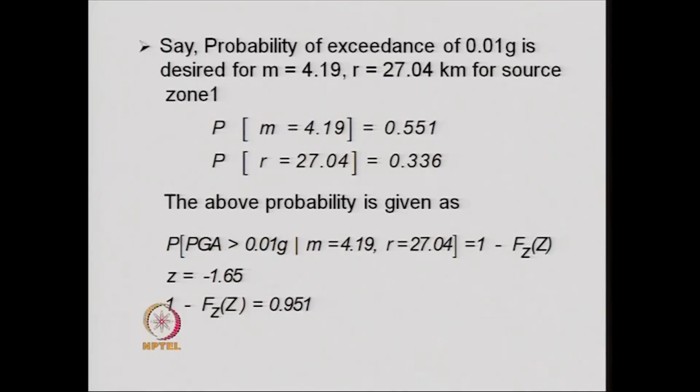And for those combinations of M and R, one can find out the peak ground acceleration exceeding a value of 0.01 g, conditioned upon these two quantities. And for obtaining this exceedance value, we assume that the PGA is varying log normally. So from standard log normal tables, one can get the value of F(Z), and one can calculate this quantity.